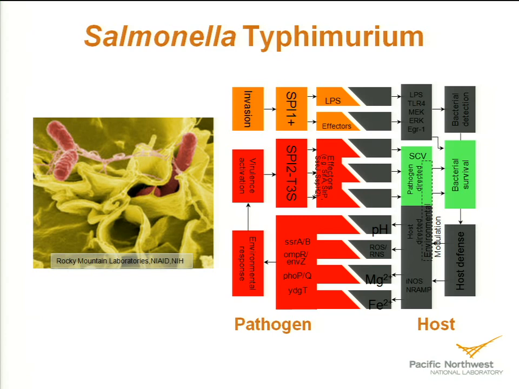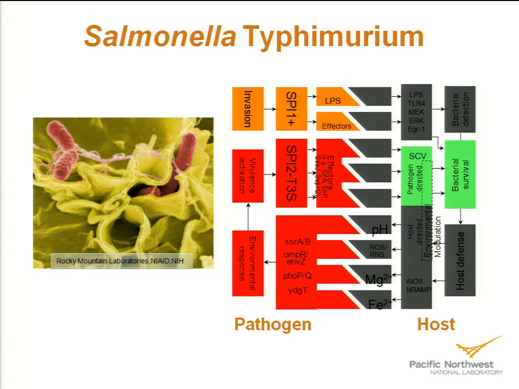On the right-hand side, this is a schematic diagram. It's very complicated. You don't have to worry about it too much. Basically, the pathogen program is on the left, and the host program is on the right. This is my fairly simplistic idea of what's going on. Salmonella Typhimurium has 2 pathogenicity islands.